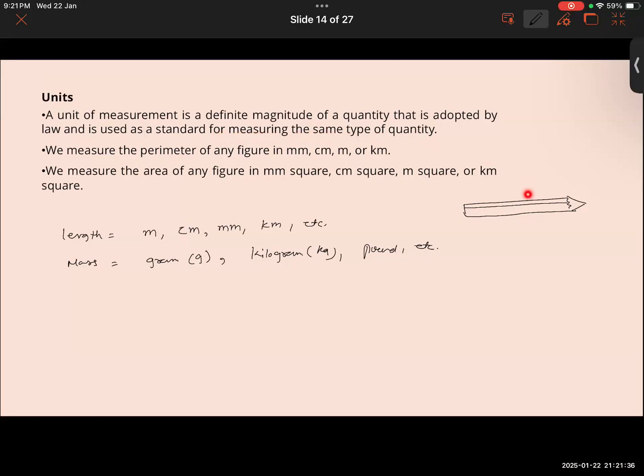Just like we measure the perimeter of any figure in millimeter, centimeter, meter, or kilometer, and the area in millimeter square, centimeter square, meter square, or kilometer square. So that is what a unit is. Are you getting it or not? Tell me.